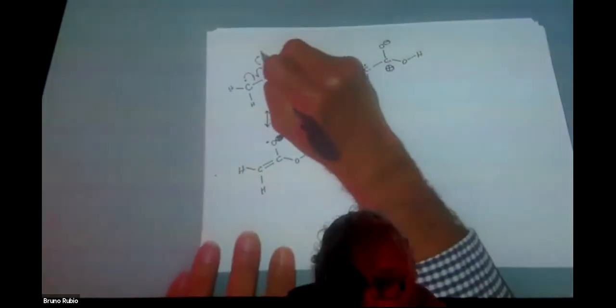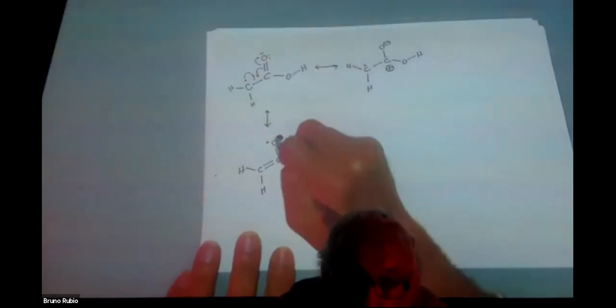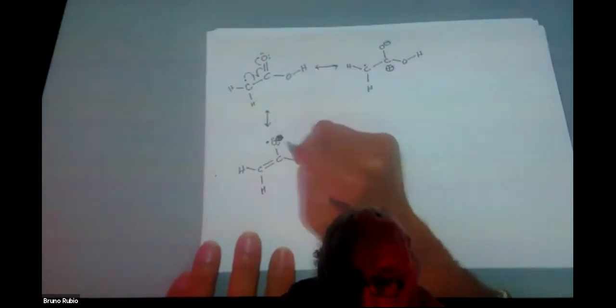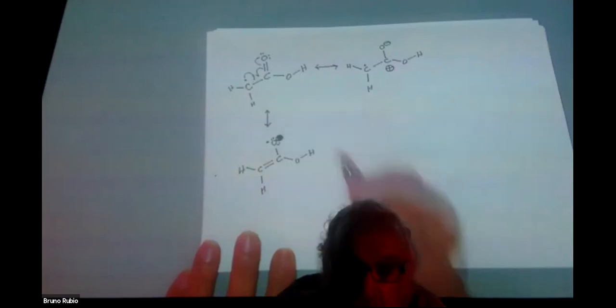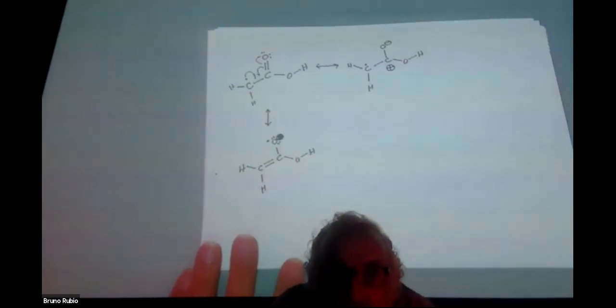This oxygen had 2 unshared pairs of electrons. It still has 2 unshared pairs of electrons. Sorry for this blob. But now I've created an oxygen radical. See how I destroyed the octet of that oxygen? But that's okay. I just can't knock it down any further than that.